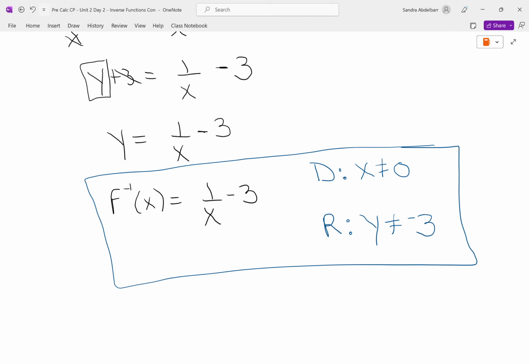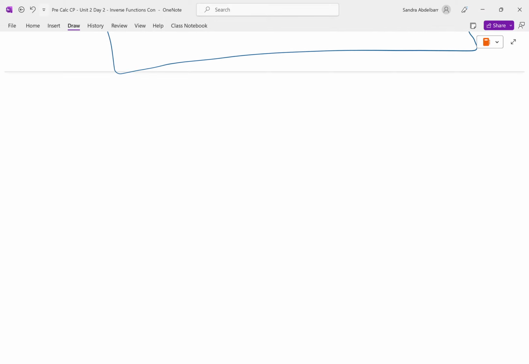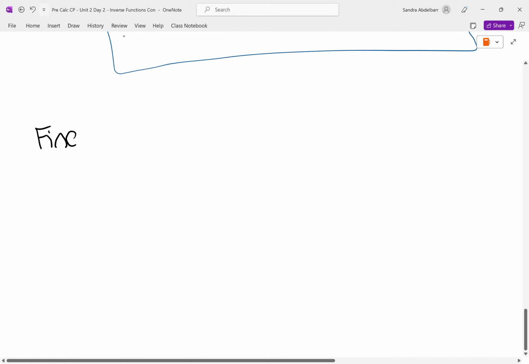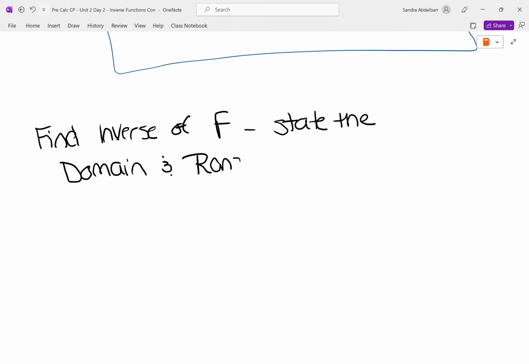Okay, so now I'm going to do some homework. I'm going to do some of your homework problems. I'm hoping to do at least 1 or 2 of them. So the directions are going to be: find the inverse of f, state the domain and range of f and the inverse of f.